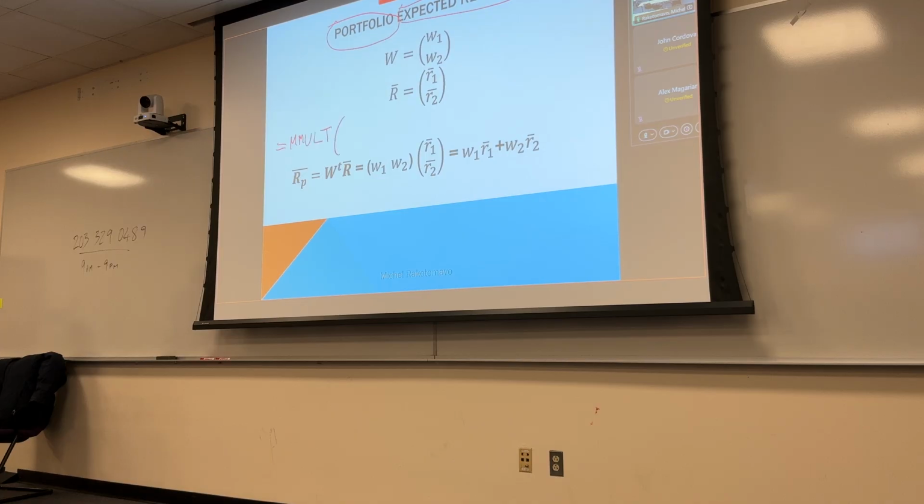And we know that the first matrix has to be transposed. That first matrix is the weight vector, and the second matrix is the return vector. We call it a vector because it's just a column, right? So that's one thing we concluded.